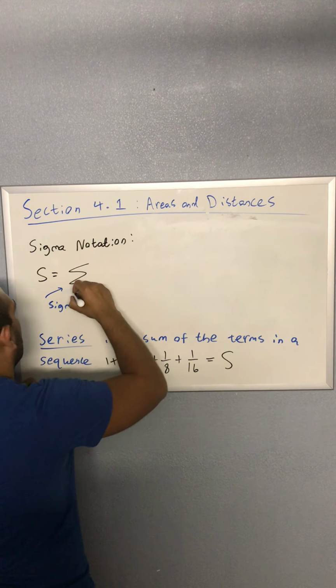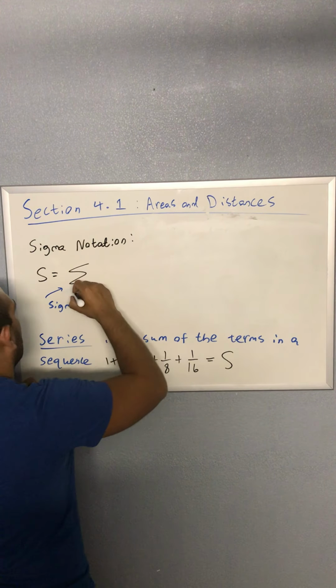Oh, this should be an i, sorry about that. So this means let i be a number from 0 and then 1 and then 2, 3, all the way up to 4. So we're going to increment i starting at 0. So you start at 0 and then 1 and then 2 and then 3 and then 4. And then let i go into this position and just add up the value you get.